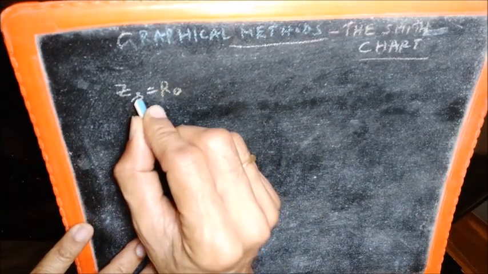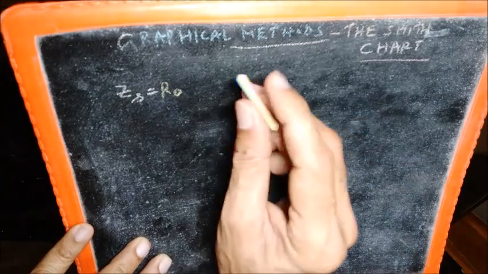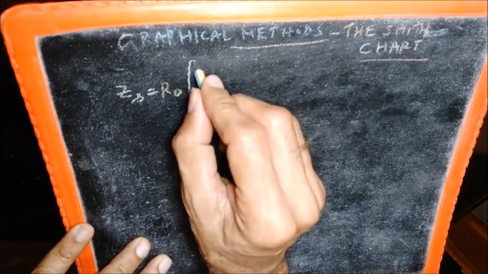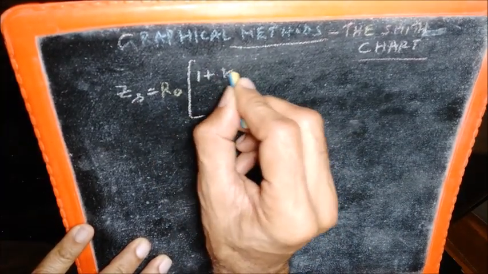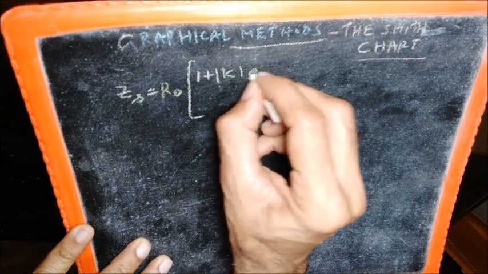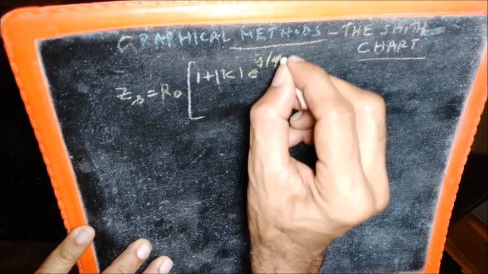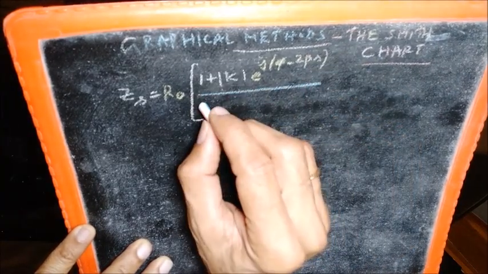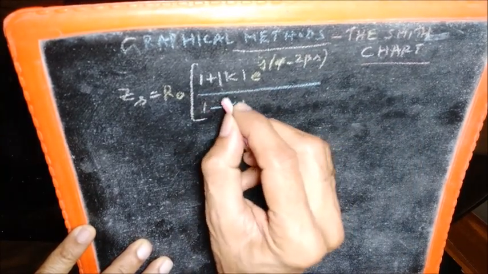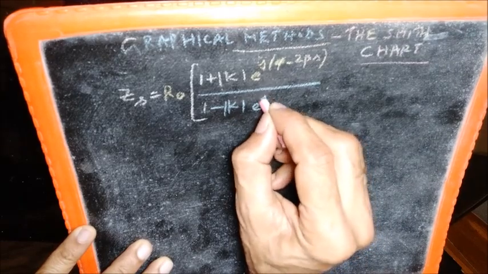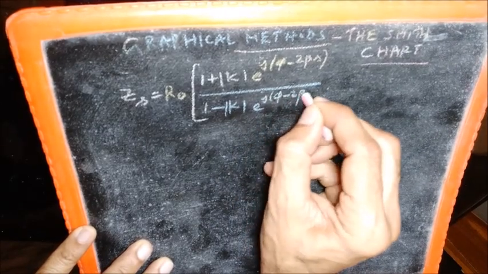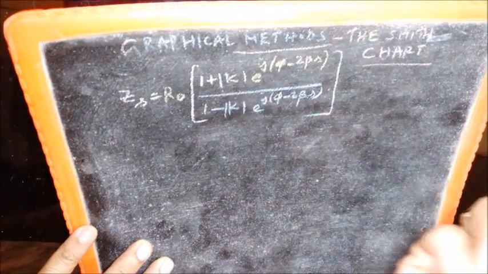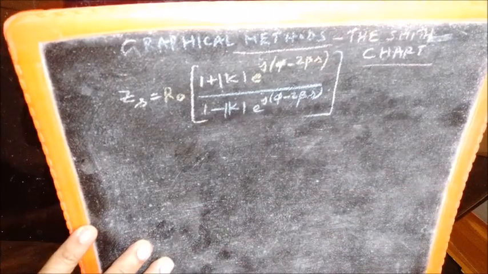And if S happens to be where you have the input, this becomes the input impedance. So this expression we know. We have been using this for quite some time now. So this is our expression for the impedance.